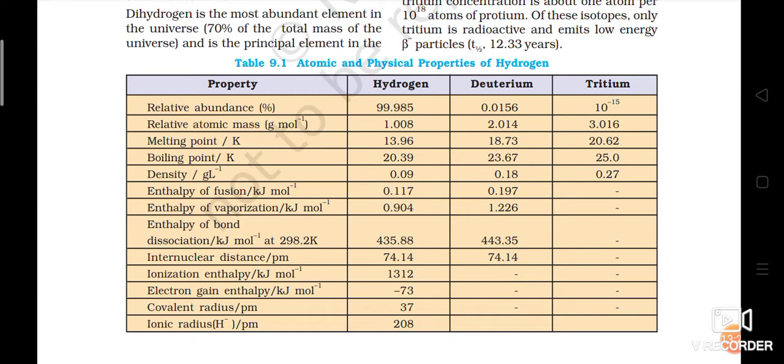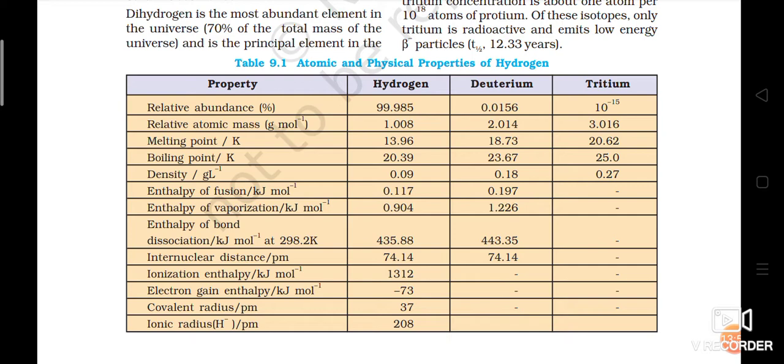Relative atomic mass is increasing. Hydrogen has the least, deuterium is higher, it's increasing in order, and melting point is also increasing. Boiling point is 20, 23, 25, yes, it is increasing. Density is also increasing, and enthalpy of fusion in kilojoule per mole, 0.117, is also increasing.